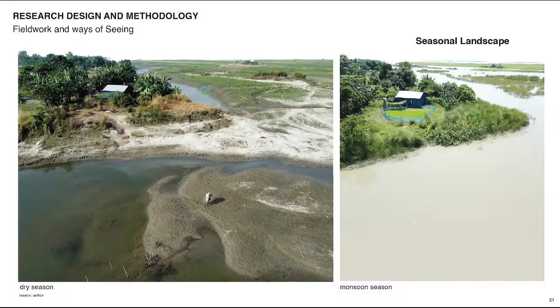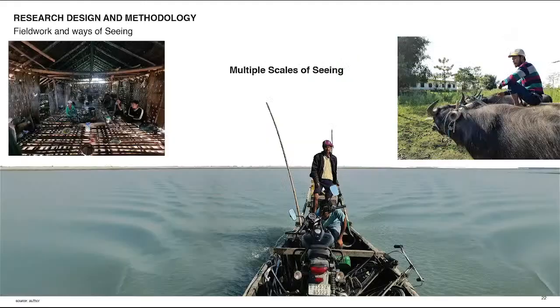So this is the one in Birsingsor, this is the one in the dry season where you see that the sand comes up, and the same place in the monsoon season where you actually have to access the house through the boat. But here you already see that they change. Here you have these, we call kothia, the rice saplings that they grow in the monsoon season, which they will shift to another larger field in the post-monsoon season.